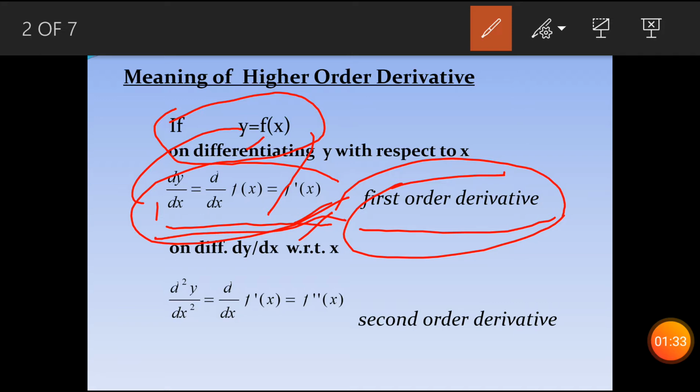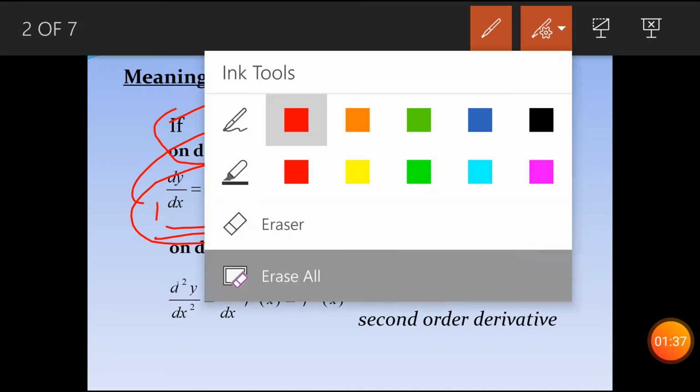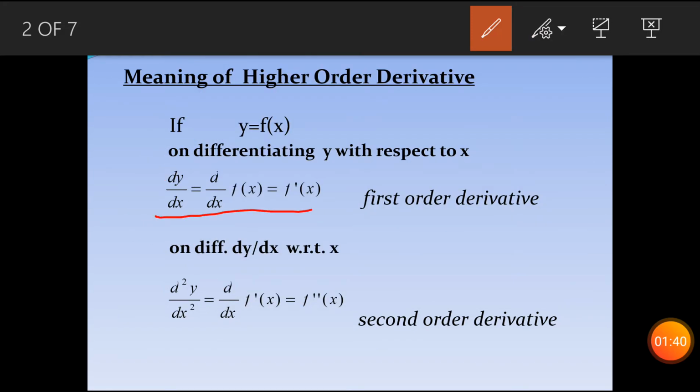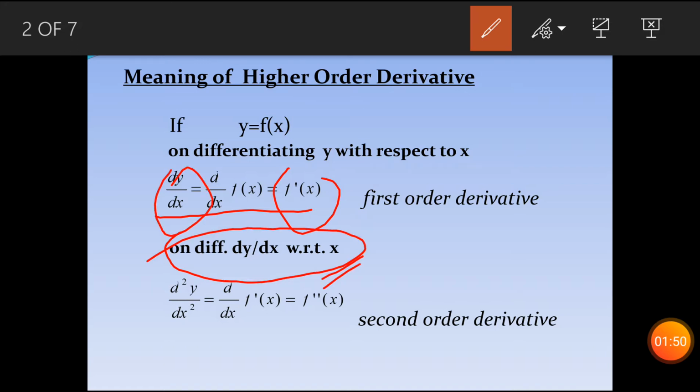So if we talk about the higher order derivative, then how to solve it? If f'(x) is also differentiable, then in that case we are again differentiating this dy/dx with respect to x. So if we do so, then dy/dx will become d²y/dx².